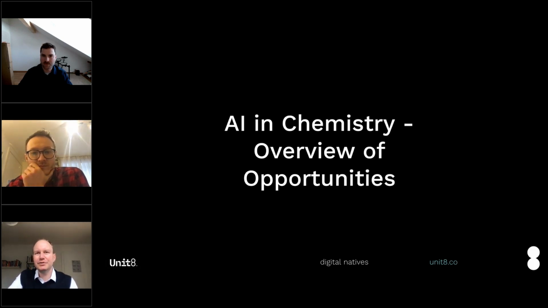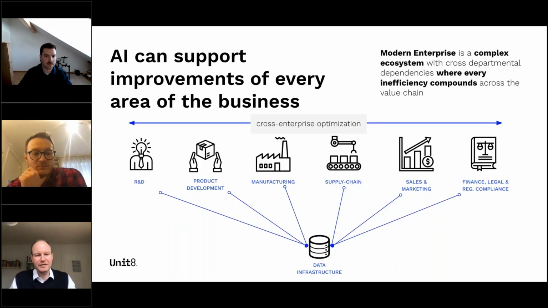So now I'd like to give you an overview of AI in manufacturing, and in particular in chemistry. In a way, you can think of AI as being present in every part of the value chain. You can really think of AI optimization potentials ranging from R&D at the very beginning of the value chain up to sales and marketing at the end of the value chain.